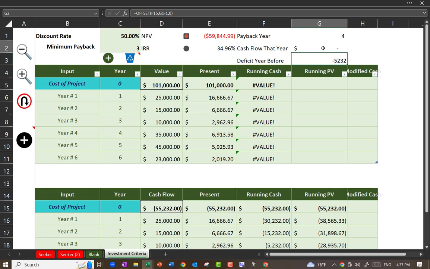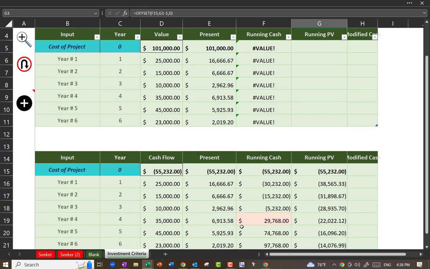See, in year 4, I made $35,000. In year 3, I still had 5232 deficit. So basically, this space takes care of it. And payback period, let's just call that PB.